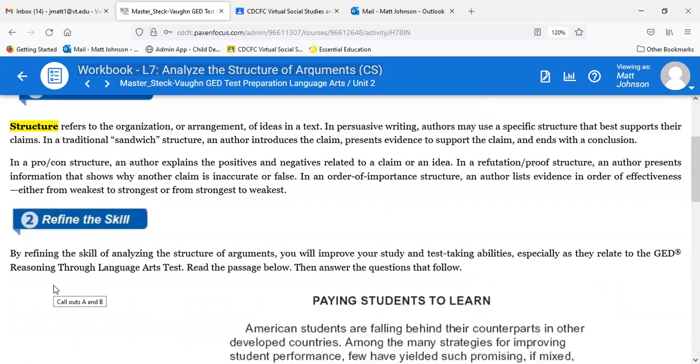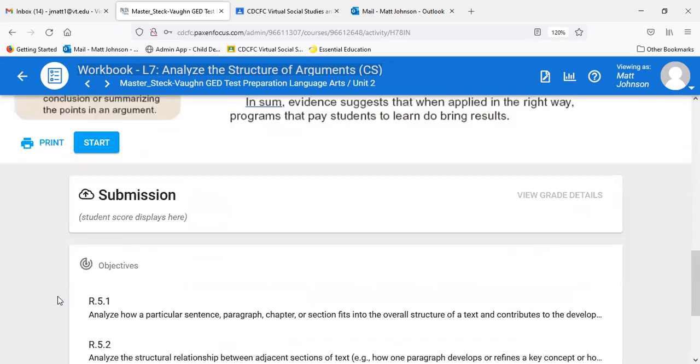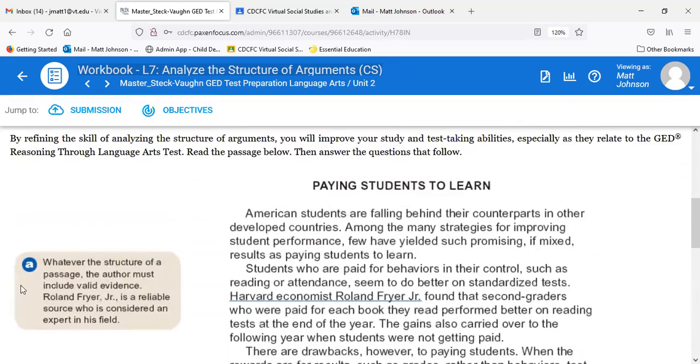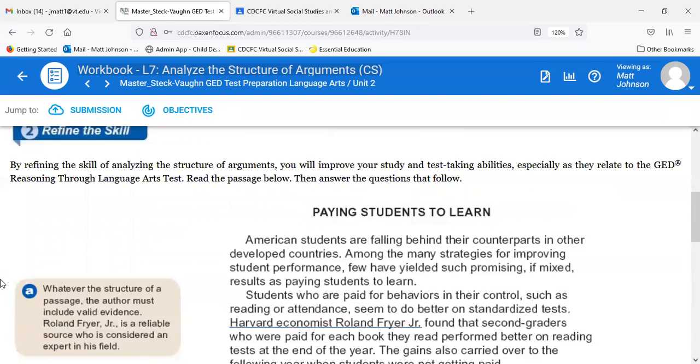And so now, a new passage here. Let's see what we have. Paying students to learn. Wouldn't that be nice? American students are falling behind their counterparts in other developed countries. Among the many strategies for improving student performance, few have yielded such promising, if mixed, results as paying students to learn.